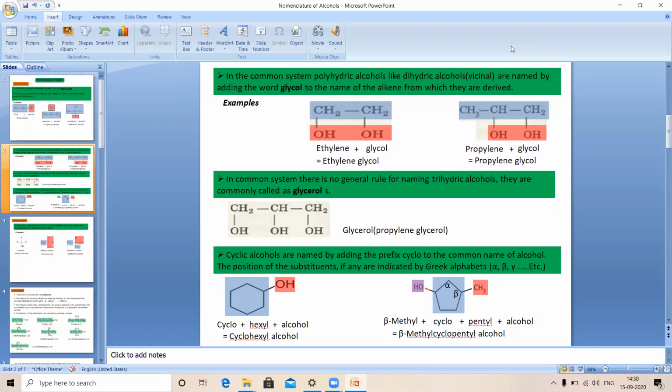Cyclic alcohols are named by adding the prefix cyclo to the common name of the alcohol.